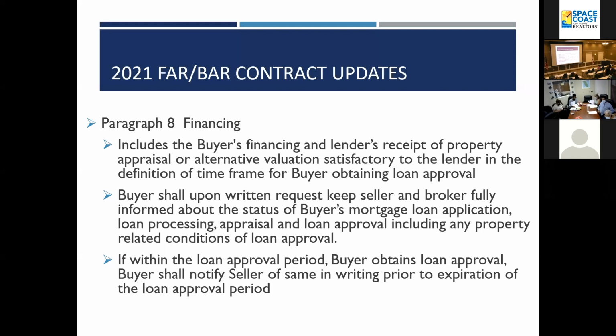But you don't get to just say, yeah, I got a loan approval, and not tell them that it was subject to these property related conditions. You do need to disclose it. The idea is that we get to closings, not that we have loopholes to get out of closings down the road, or something that can't be fixed and it's too late. We could have had time and now we don't. That's the underlying purpose of it.